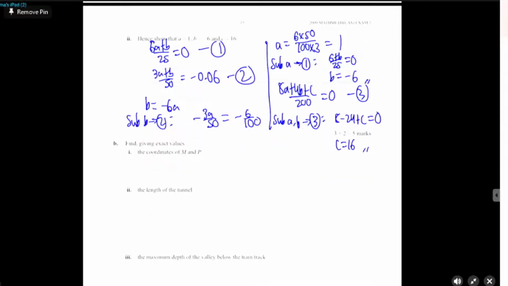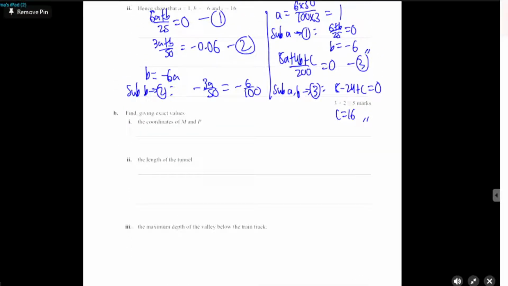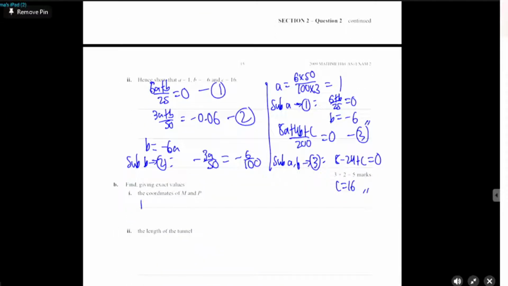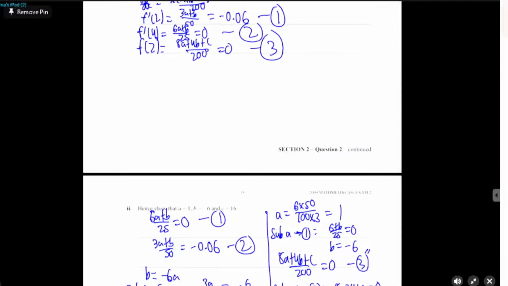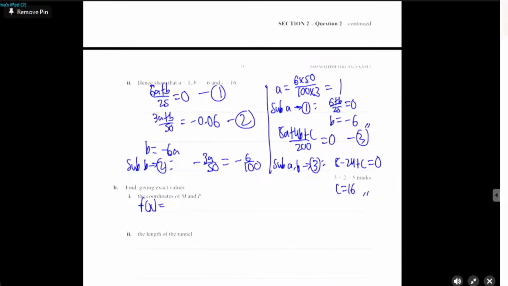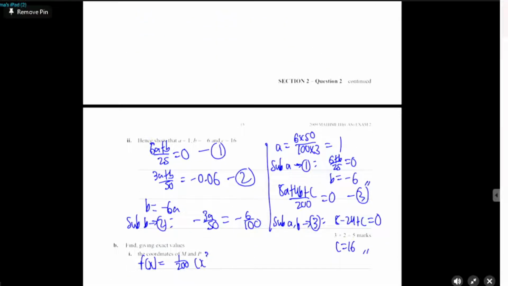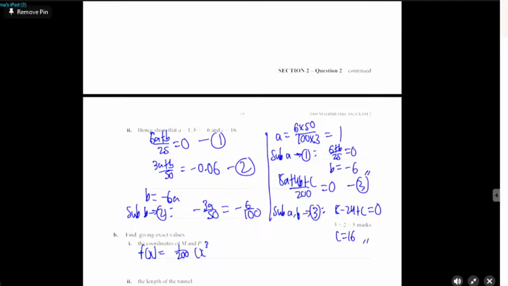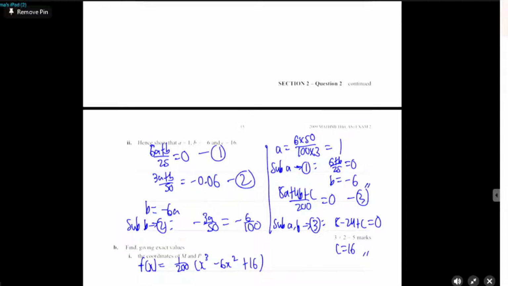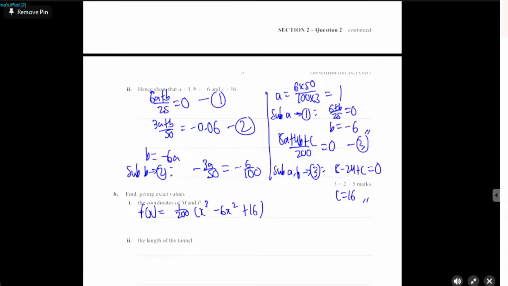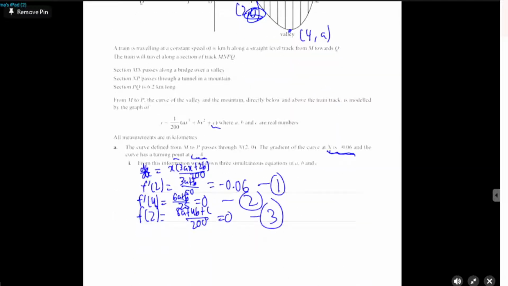And there's your answers. Then find the coordinates of m and p. Now we know what the actual f(x) function is, so I'll define that before we start. That's f(x) equals (x cubed minus 6x squared plus 16) over 200. Then m and p are x-intercepts.